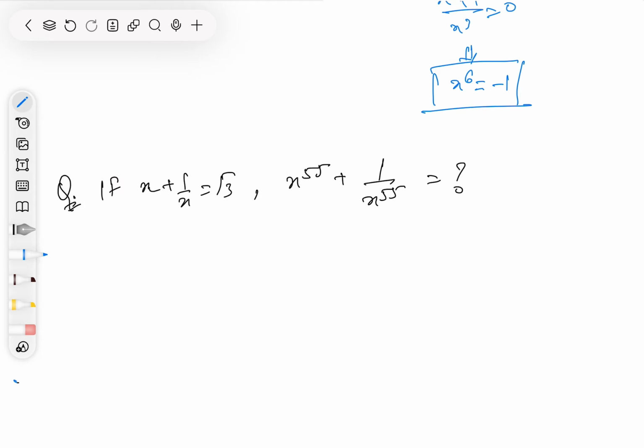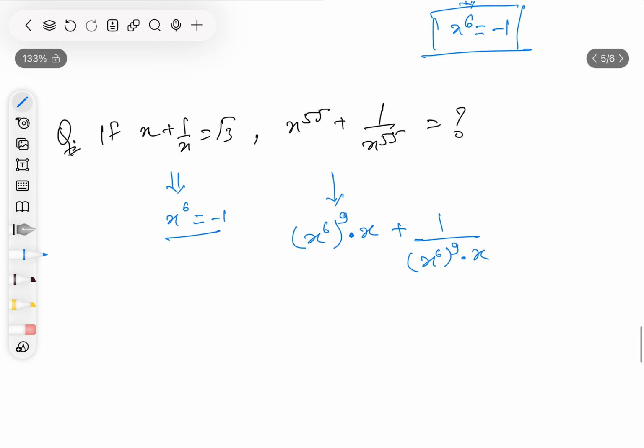How do you find that? I just told you that if this is given, then I can conclude that x to the power 6 is essentially minus 1, right? So if this is minus 1, I can write this as x to the power 6 to the power 9. So this will be 54. So I will have to multiply one more x to make it 55, plus 1 upon x to the power 6 to the power 9 multiplied by x.